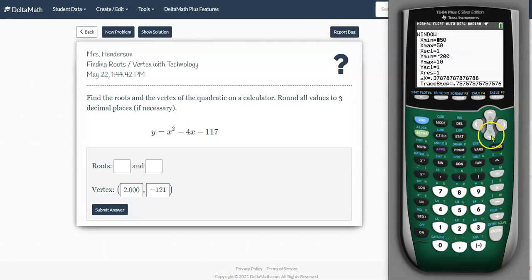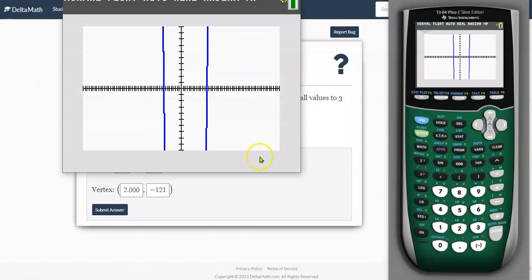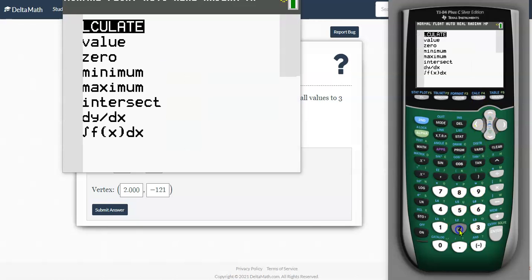So I'm going to change my window from negative 200 to just negative 10 again. Let's see what I get. Okay, it's not bad. Let's see if we can calculate these zeros. So second, trace, number 2.